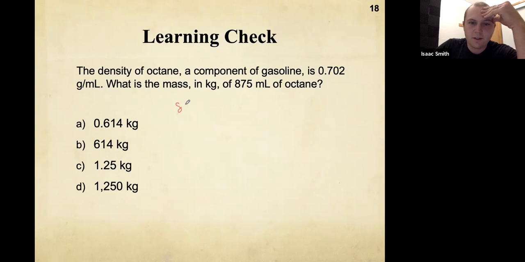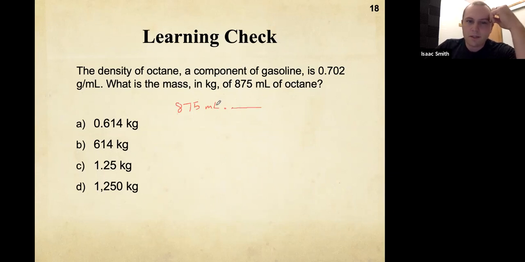So our initial unit is going to be milliliters. We have 875 milliliters of octane. Okay, and then we need to convert the milliliters into a mass, so grams, right? And then we need to convert it into kilograms at the end, just because that's what the question's asking us to do.